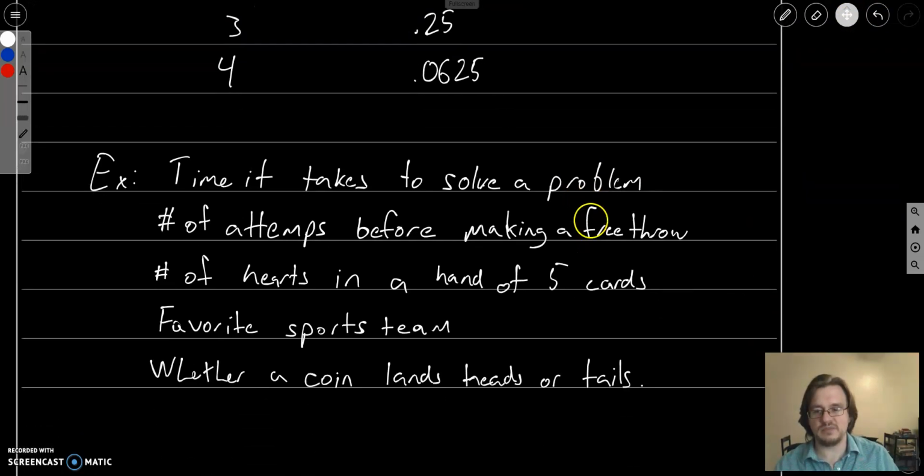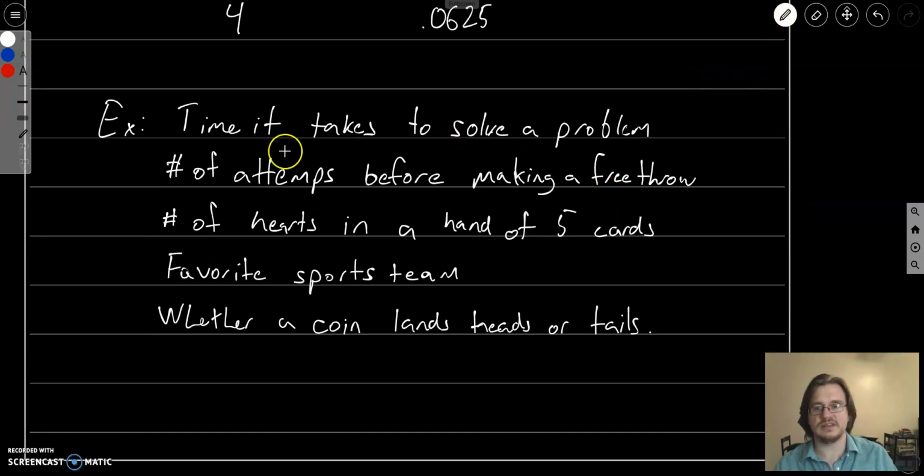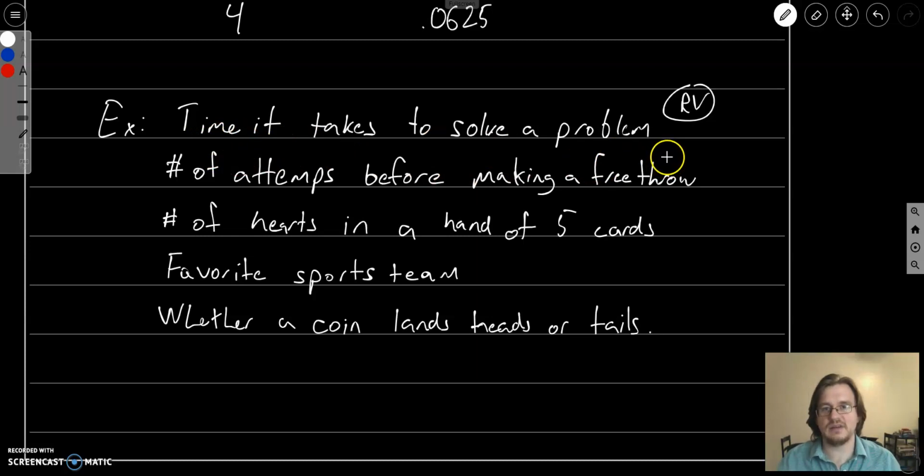So some more examples here. For instance, the time it takes to solve, say, a math problem. This is a random variable because the time it takes to solve a problem is, again, a numerical value. When you solve a problem, there's only one time.